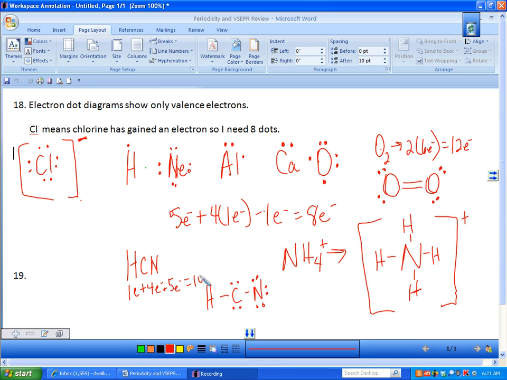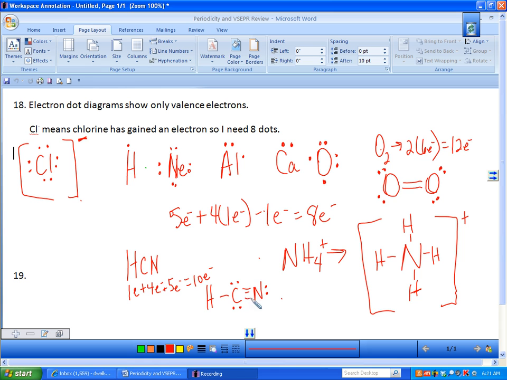So if I needed 10 electrons, I'm going to count. 2, 4, 6, 8, 10. Whoa, I have way too many. So I'm going to get rid of this one. And instead of drawing it there, I'm going to put those 2 electrons there. So that gives me 2, 4, 6, 8, 10, 12, 14. Still too many.